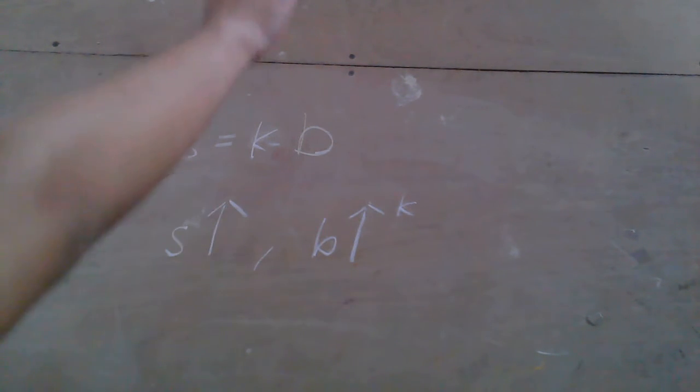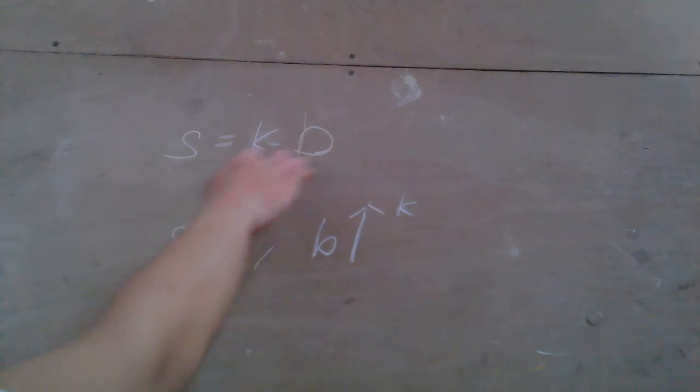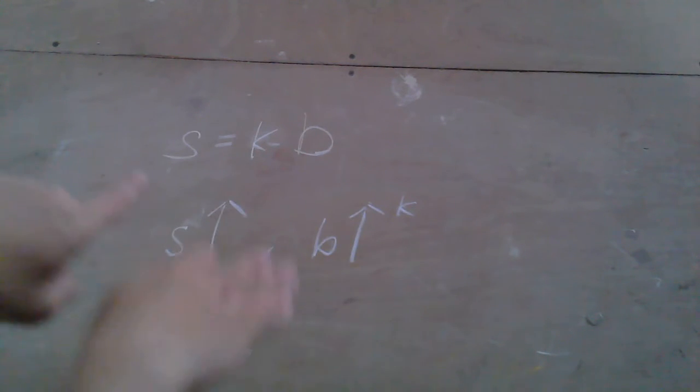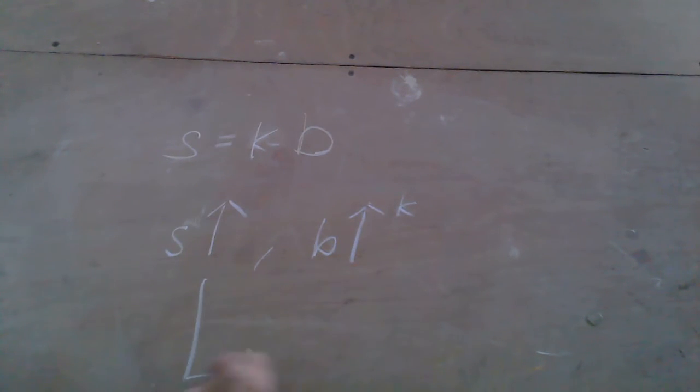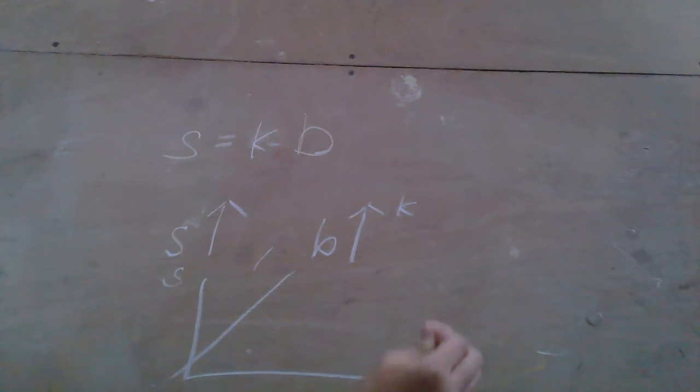So B increases at the same rate as S, but K is multiplied to B. So they're not entirely equal. So we're saying that the submissiveness is equal to the breedability but scaled by a constant. So their graph is linear, like this. If we were to have S here and B is this axis, it would be like that. That would be our graph. It would be linear. As one increases, the other one increases as well.